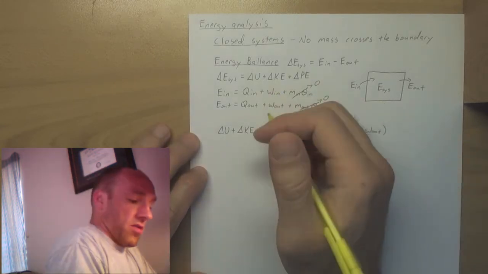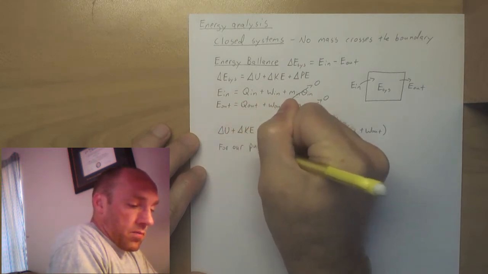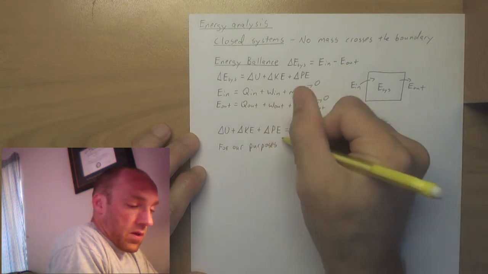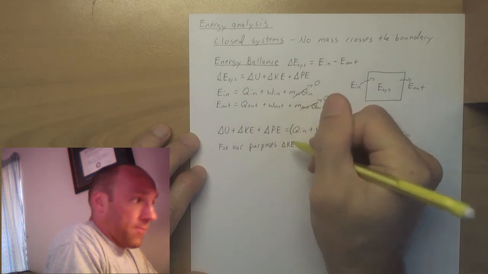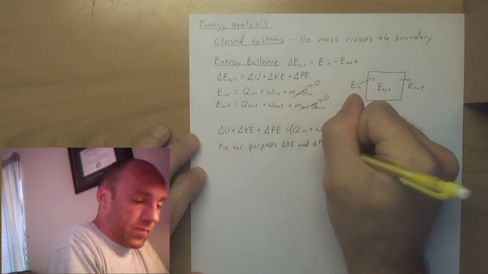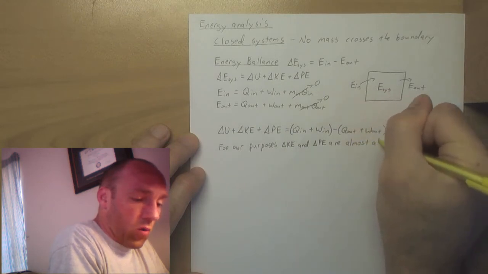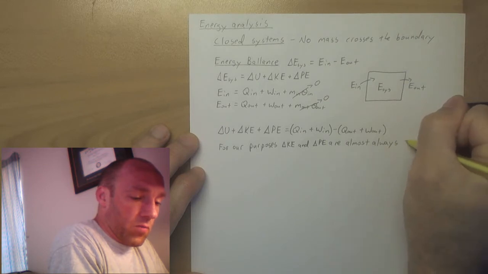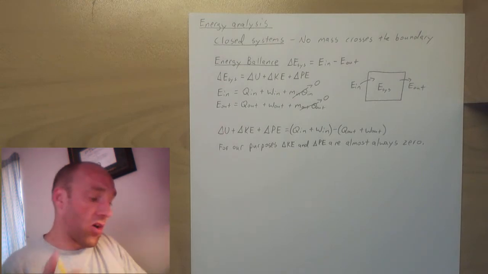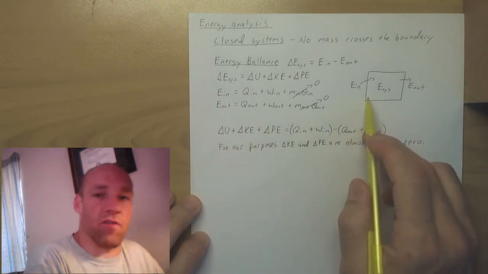Now, for our purposes, the change in kinetic energy and the change in the potential energy are almost always zero. So let's just think about what kinetic and potential energy are. Kinetic energy depends on the velocity of the system itself.